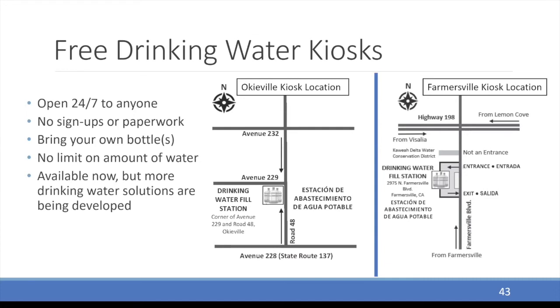Thank you. Yeah. If we heard from local residents in Lemon Cove that they preferred a kiosk, then we would look at that and see if it's feasible and if the Division of Drinking Water would approve something like that. Is it possible? The church here has reverse osmosis, and it's terribly slow. We cannot get enough volume out for the residents who need good drinking water.